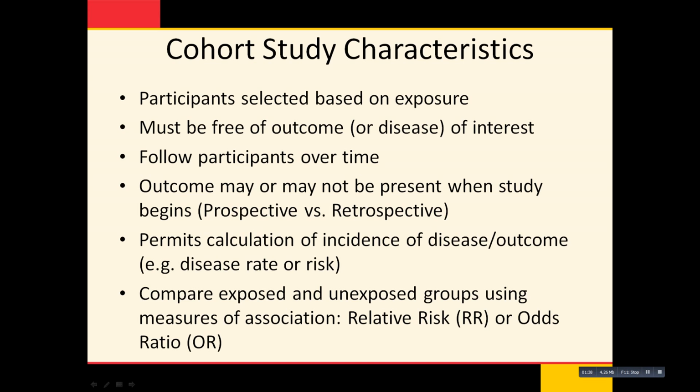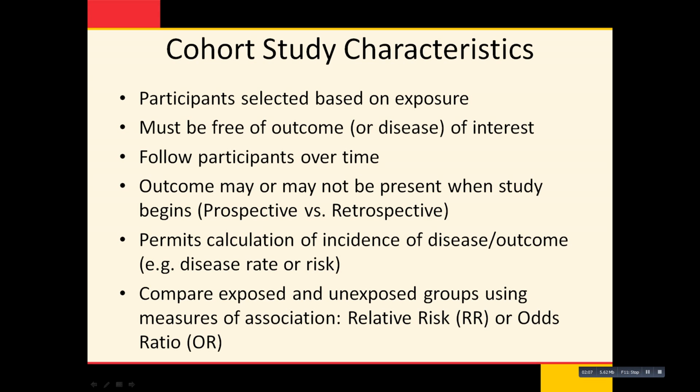There are different types of cohort studies, prospective and retrospective, that we discussed before, and the outcome may or may not be present when the study begins. We'll talk a little bit more about that in the next slide, but it's important to know that the exposure precedes the outcome, but when the investigator gets involved in the study determines the type of cohort study it is.